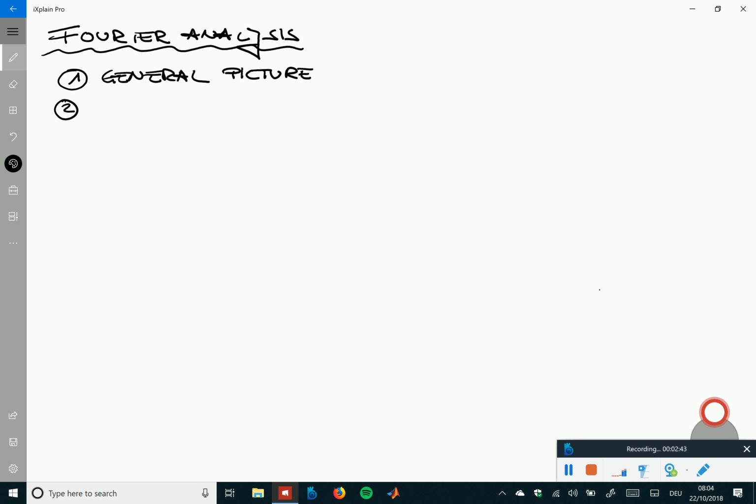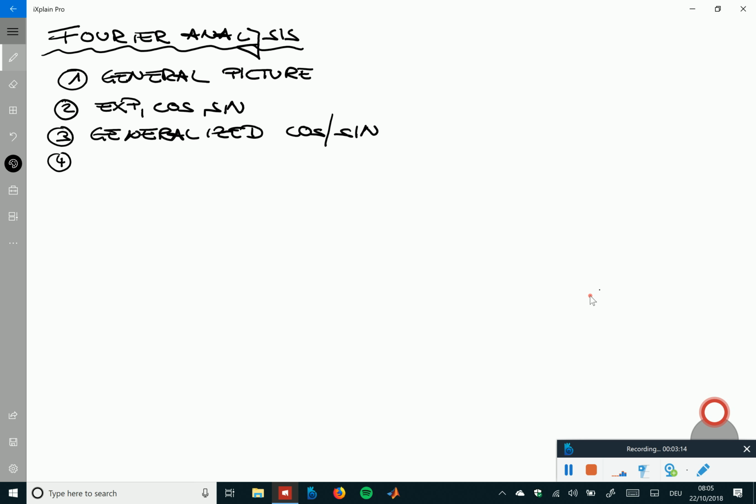And once we've done that, I want to remind you of 3 functions that we will need in the following: the exponential function, the sine function, the cosine function, and then get into Fourier analysis by talking about what I call generalized cosine and sine. And then the first big thing to discuss in terms of Fourier analysis is the real Fourier series. So that's the first major milestone.